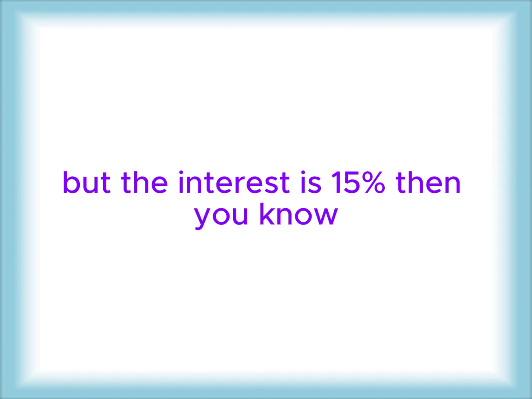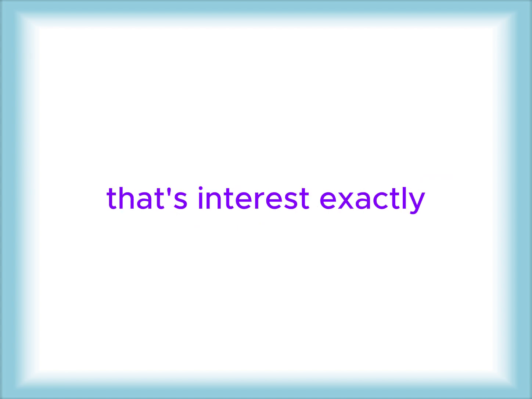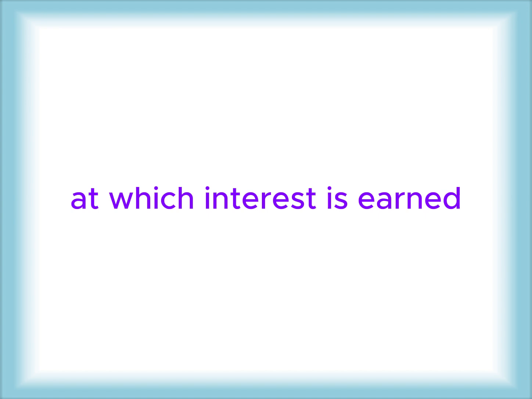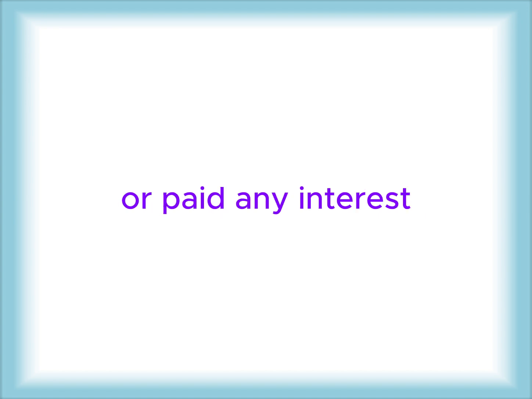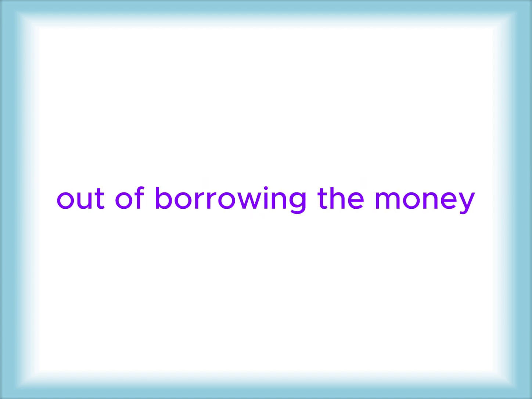Like when someone says, let me lend you 400, but the interest is 15%, then you know you have to pay 15% of that 400. That's interest. Then there's an interest rate, which is the percentage at which interest is earned or paid.